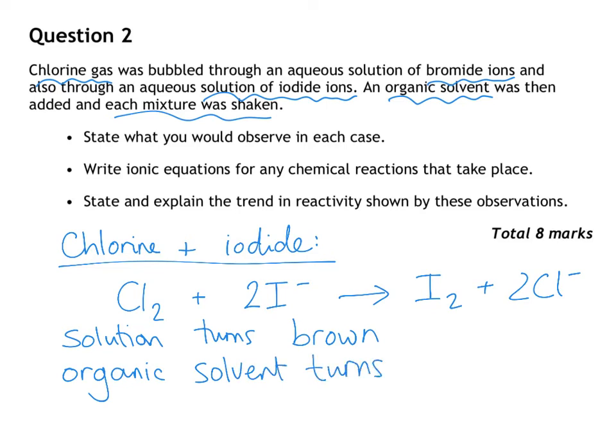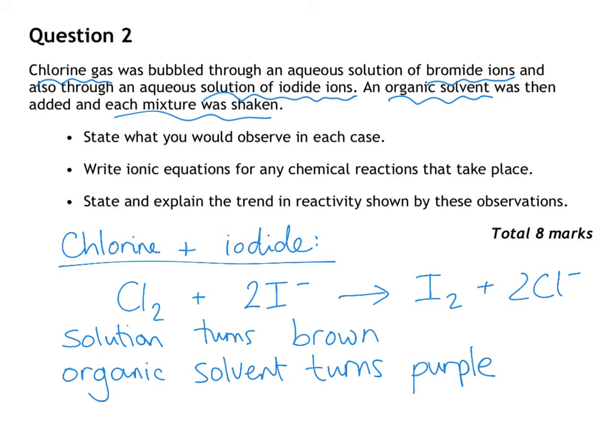We just said that iodine sometimes looks kind of orange and bromine sometimes looks brown. It really depends on concentration. Organic solvent is a really easy way to tell the difference between bromine and iodine because the colour is very, very different with iodine.